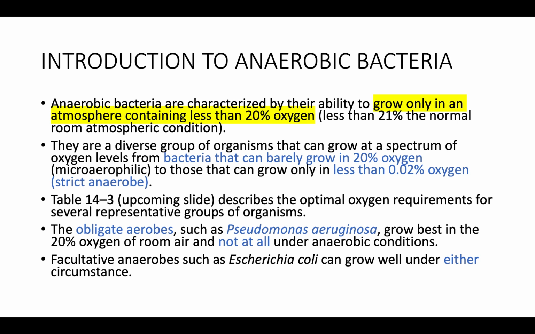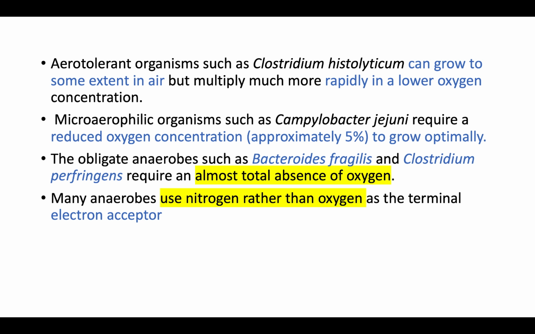Facultative anaerobes are in the middle. They can live either way because they have fermentation capabilities within them. Then aerotolerant, for example Clostridium histolyticum. I don't think we will mention this in this course more than this. It can grow to some extent in air but multiplies more readily at lower oxygen concentrations.